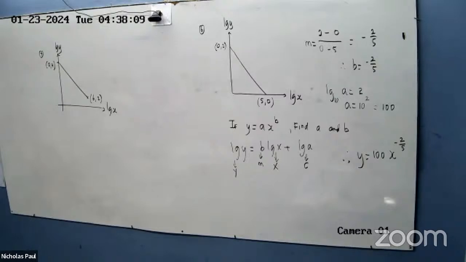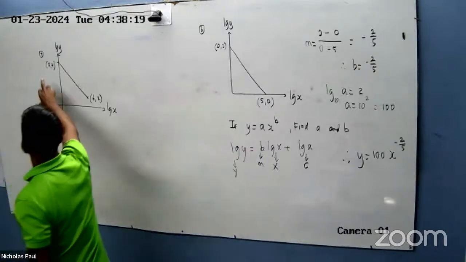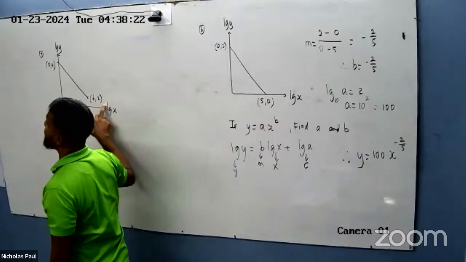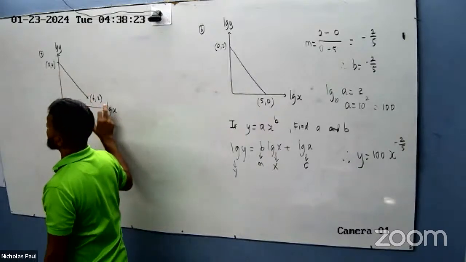Find the y-intercept on there. So the coordinates are, yeah, it's blurry, here is 0, 4, and here is 6, 2.